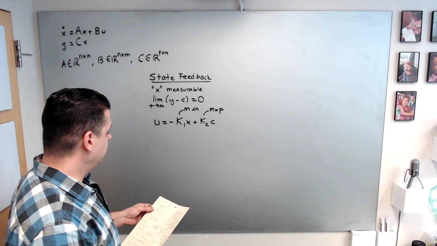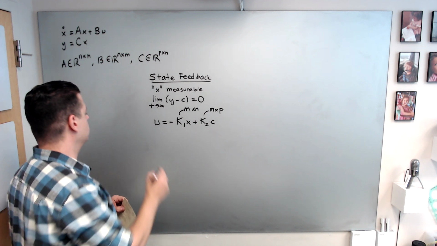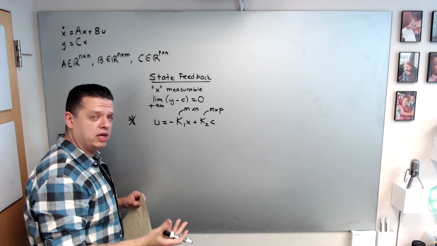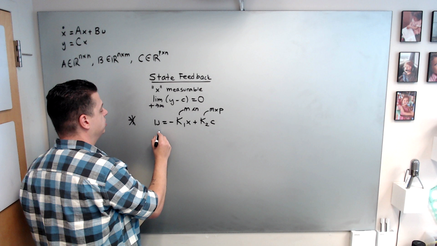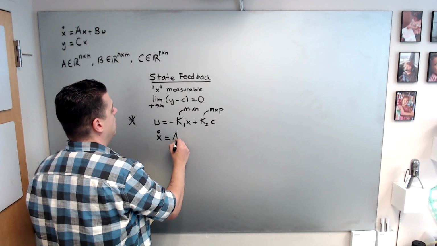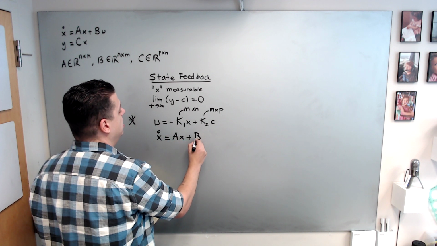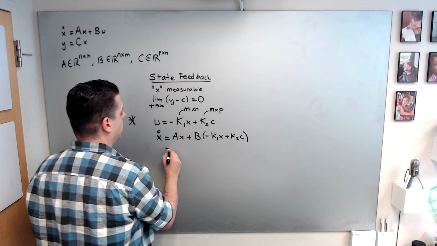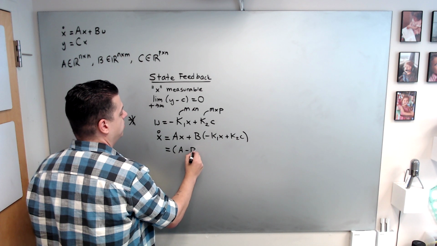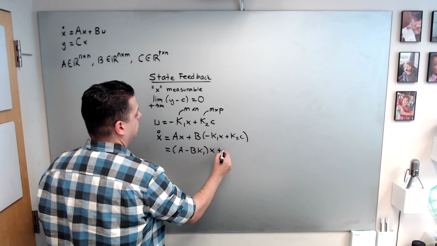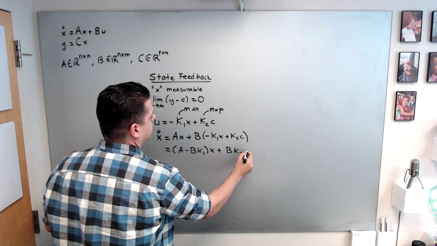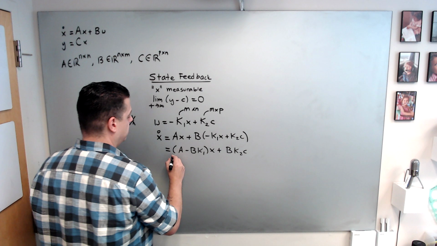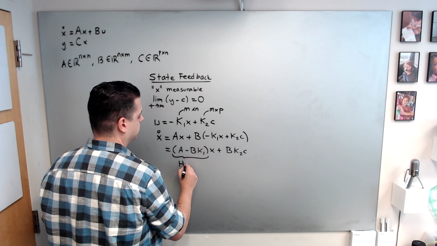Basically, for this first controller type, if you plug it into your system, you are going to get your closed loop system, which will have x dot equals Ax plus B times minus K1x plus K2c, or you can write it like A minus BK1 times x plus BK2c. The first step is to make this matrix Hurwitz.